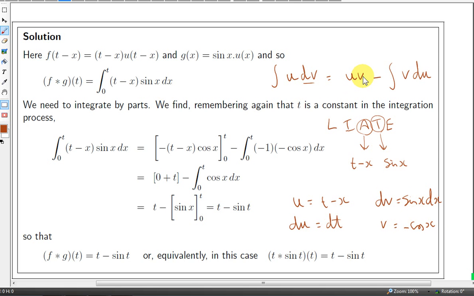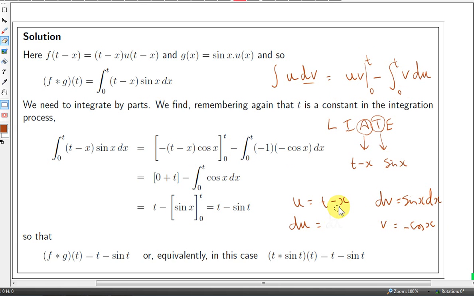In our formula we have to multiply u by v, so we have to multiply t minus x times minus cos x. That's what we get here. And we have to apply our limits from 0 to t, and here of course. And then we've minus the integral of v, which is minus cos of x, times du. We have to be careful here, I made a mistake.